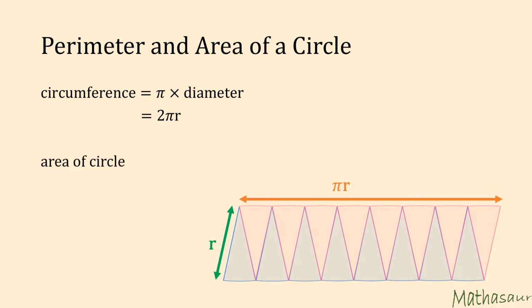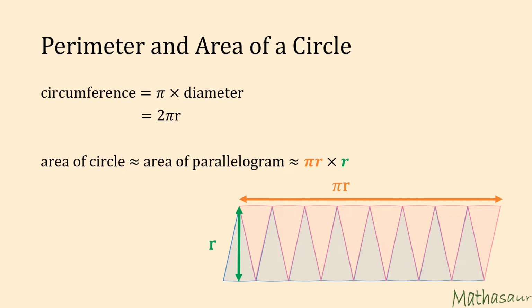So the area of this circle would be approximately equal to the area of this parallelogram. Note that the parallelogram is formed by sectors and not triangles. But if the sectors were narrow enough, we could assume them to be close to triangles.